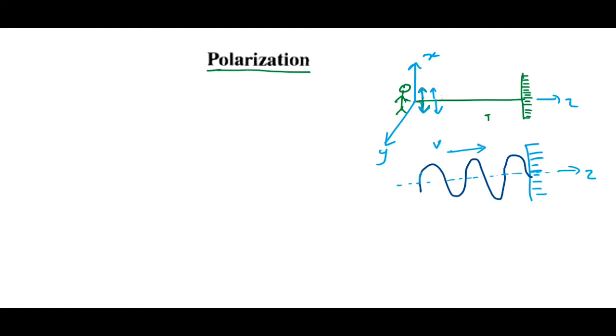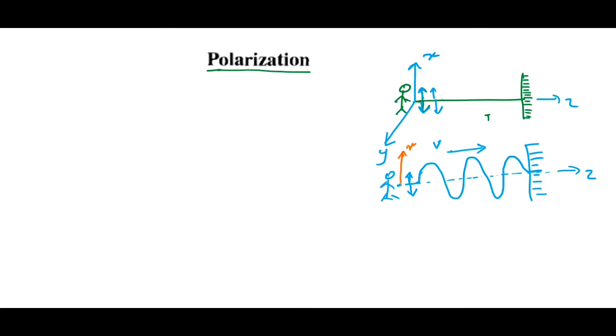This is a wave produced on a string. Here, the vibration of the string element makes the vibration along the positive x and negative x direction. As a result, a wave is generated and this is propagating along the positive z direction.